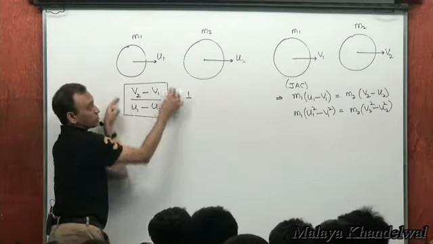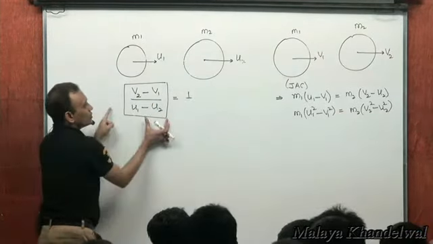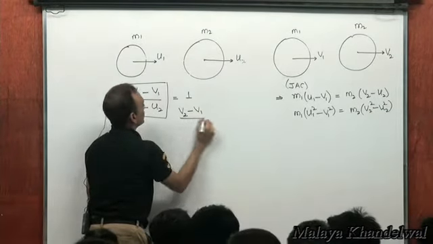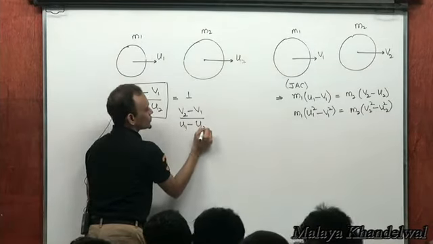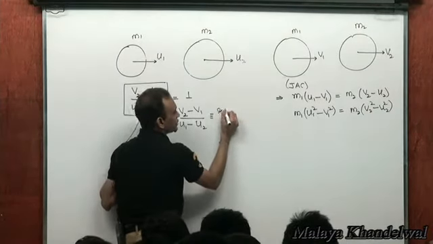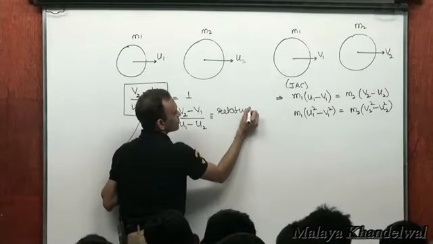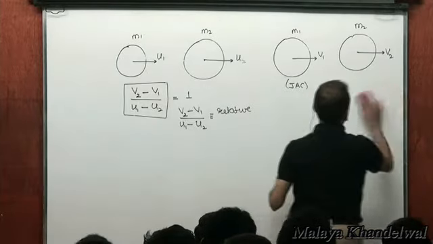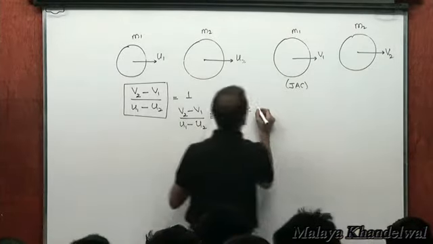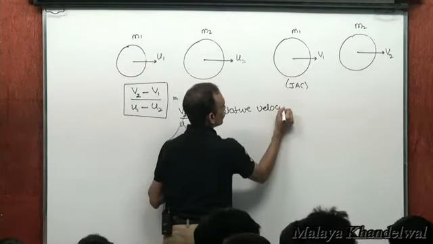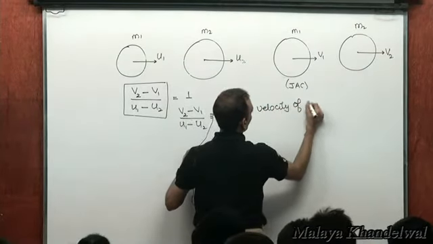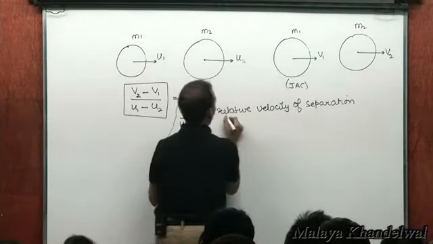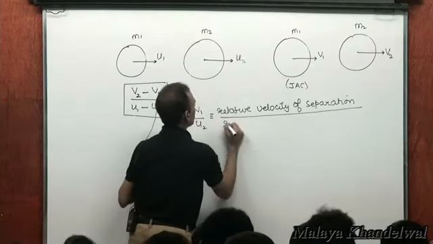This expression, just this expression, forget its value, v2 minus v1 by u1 minus u2, is actually relative velocity of separation divided by relative velocity of approach.